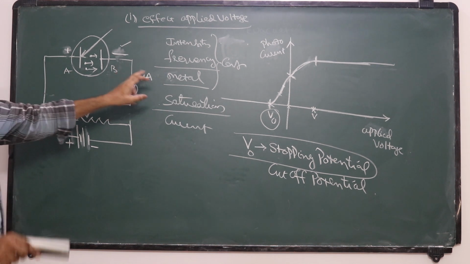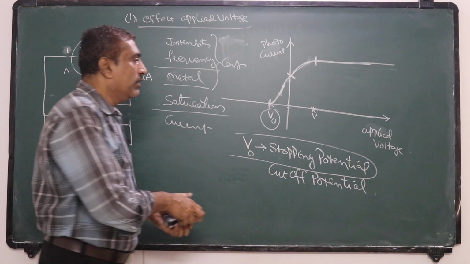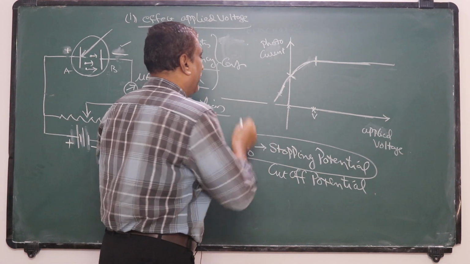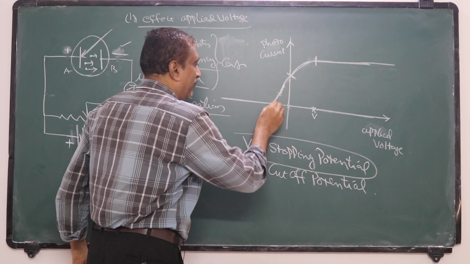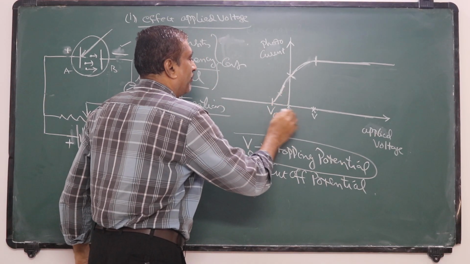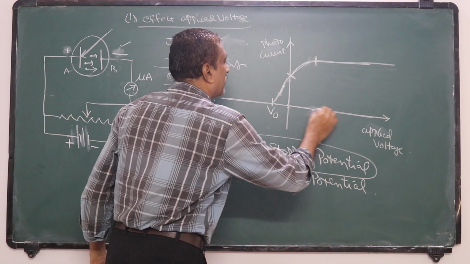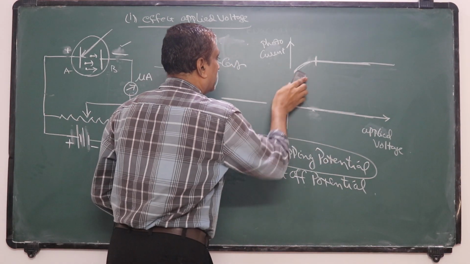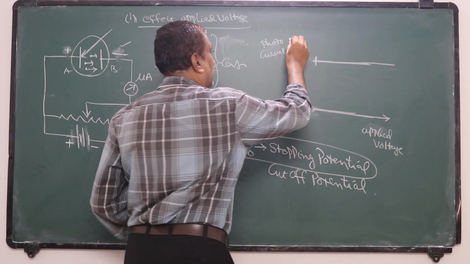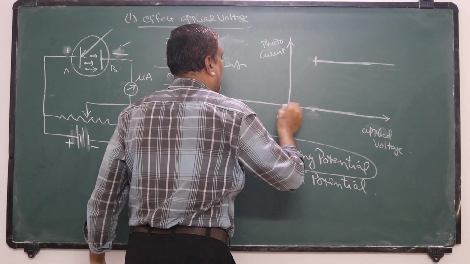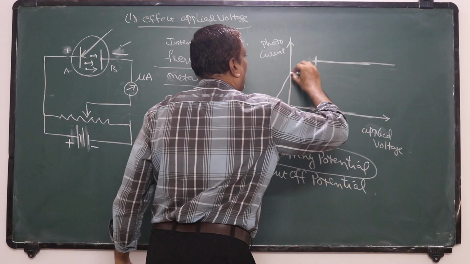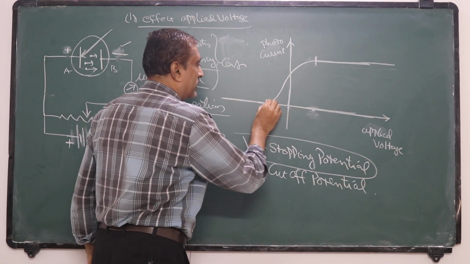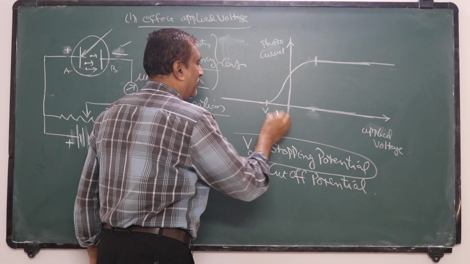Now in this graph, that stopping potential is represented by this V0. This value is V0.